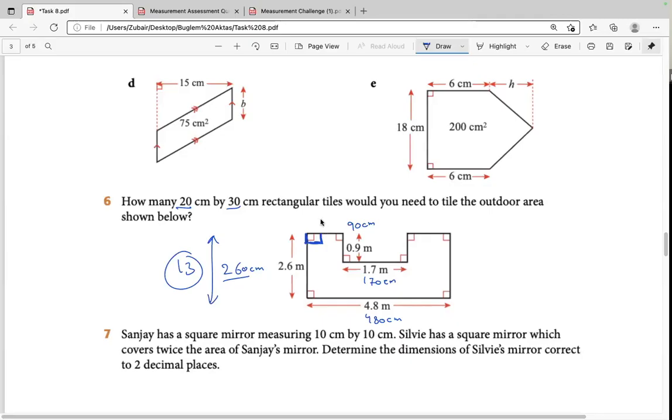Now the bottom: 480, if I divide 480 by 30, I'm getting 16. So I'm placing 16 of these tiles in this way.